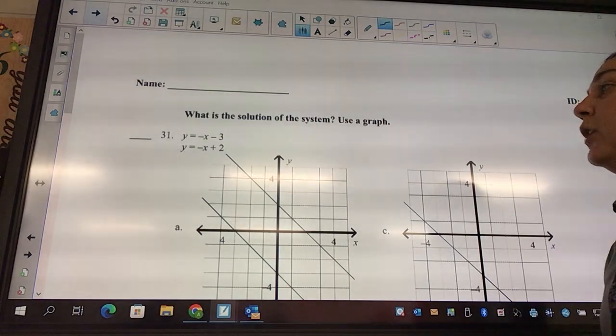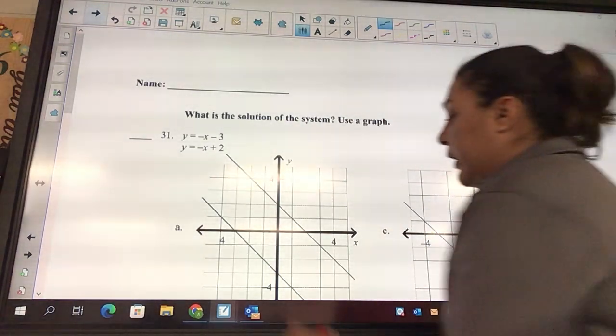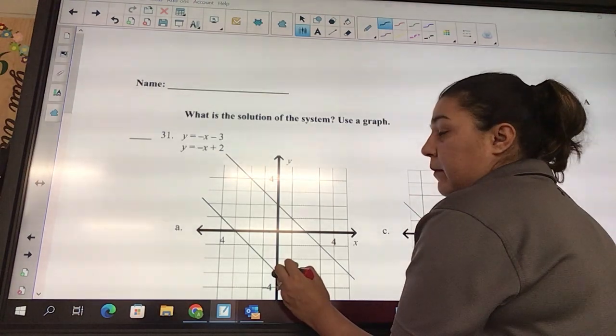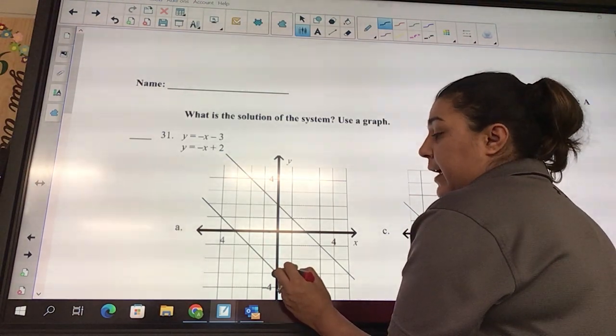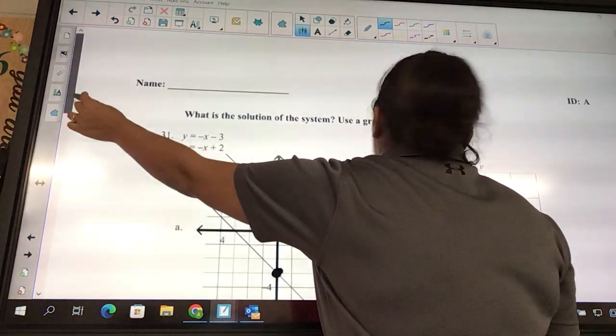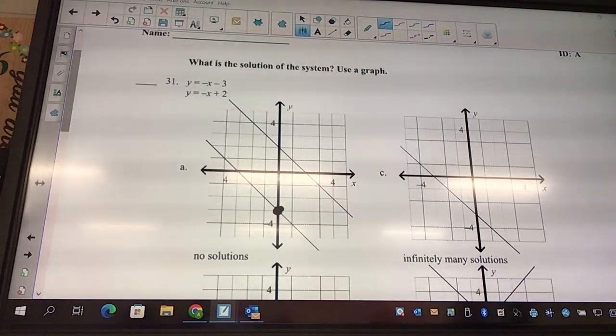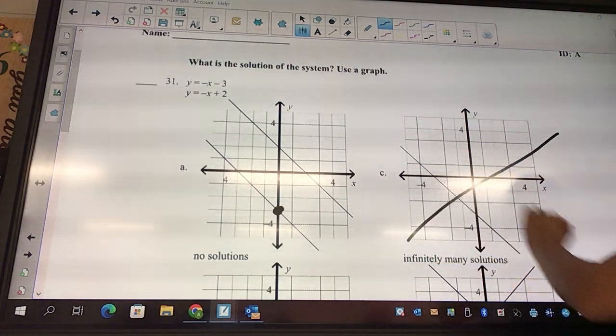Okay, look at 31. Where does the first line start out? -3. And what is the slope? Yeah, it's -1/1. So this one checks out. Okay, and then what's the matter with C? There's only one line. It isn't that one.